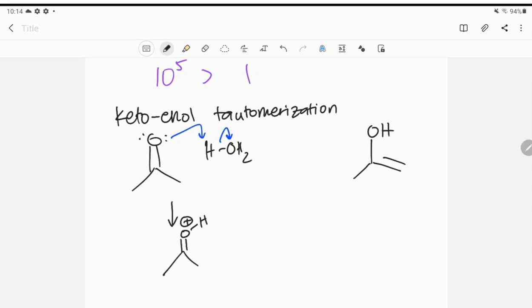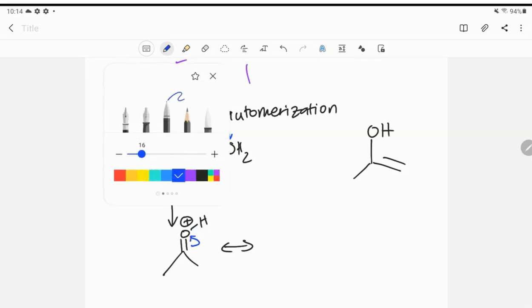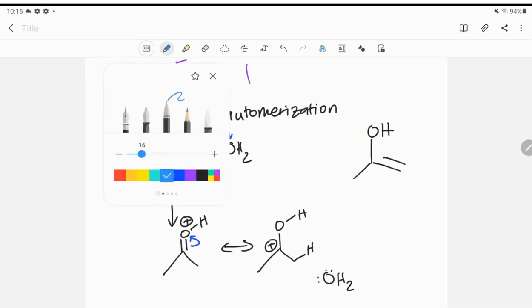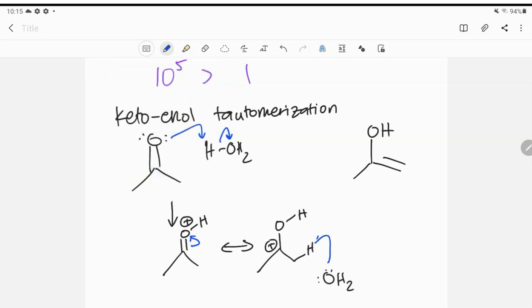And then we have some resonance here. And then we have our good old-fashioned carbocation style elimination. And that leads to the product.